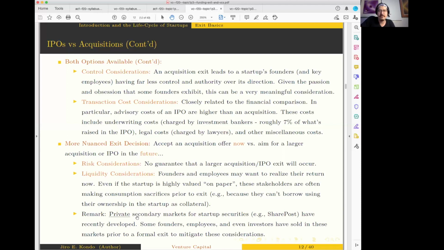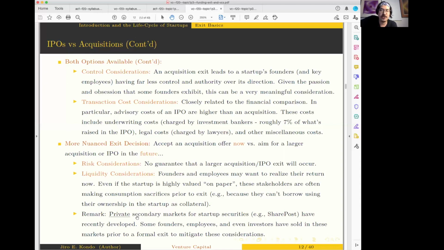So far, so good? Right, look, another thing I want to talk about is timing of exit. Because there's a more nuanced exit decision, which is like, when do you exit? And I'm going to focus on a specific manifestation of this timing decision that I think is particularly interesting, which is sometimes the only exit you have on the table right now is an acquisition, right?